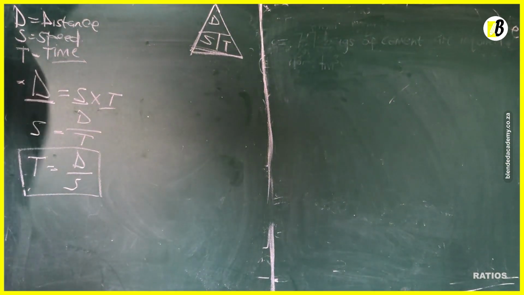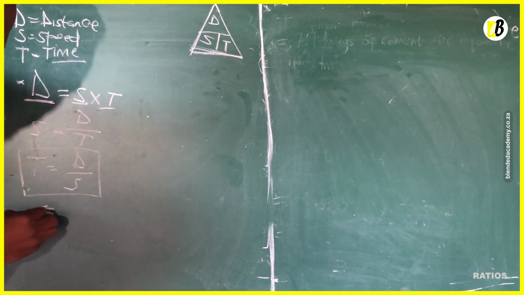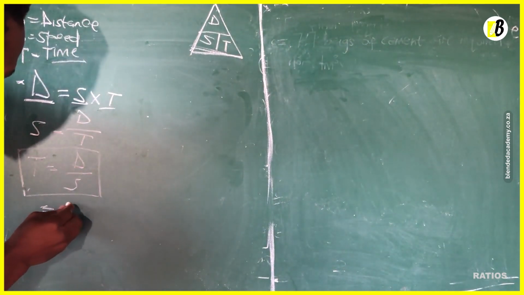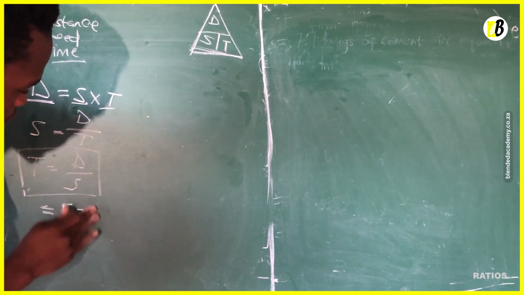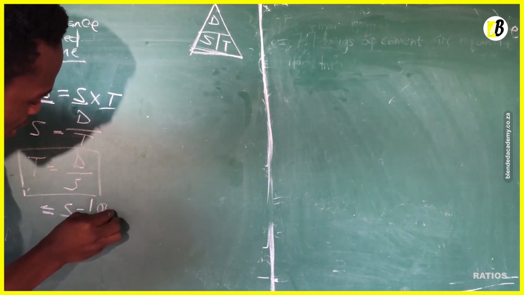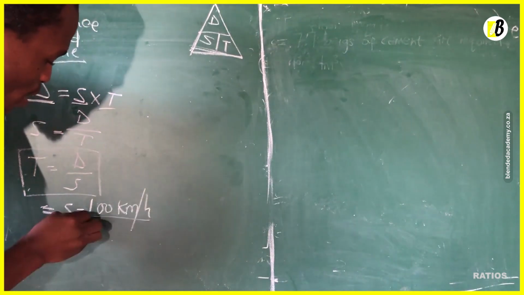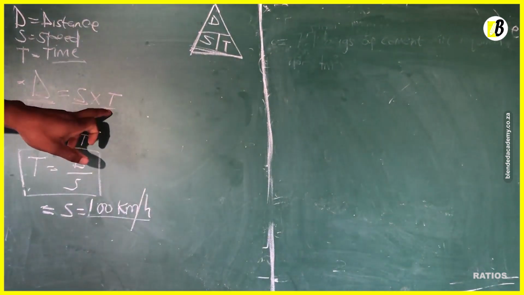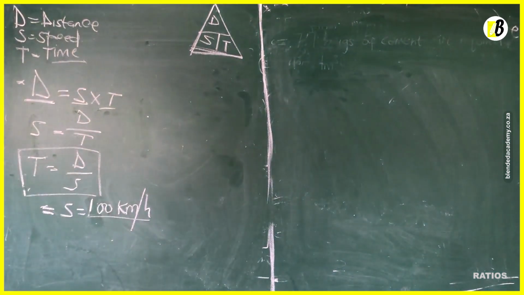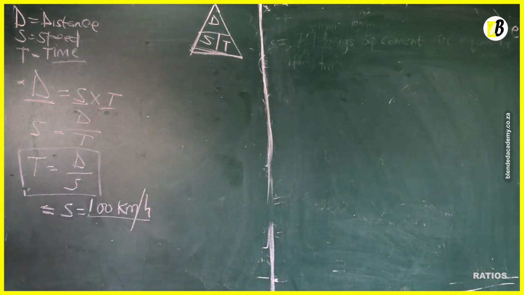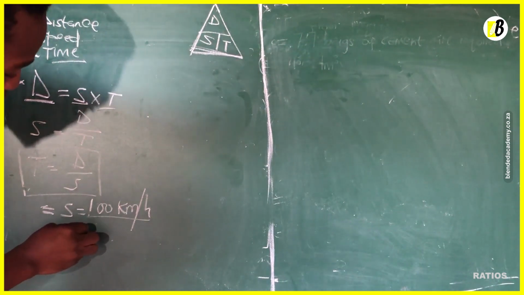Let's say I drive here at a speed of 100 kilometers per hour. So this is our speed, right? And then of course you'll be given time as well to determine the distance. Let's say that it took me about 4 hours 30 minutes to arrive in Johannesburg.